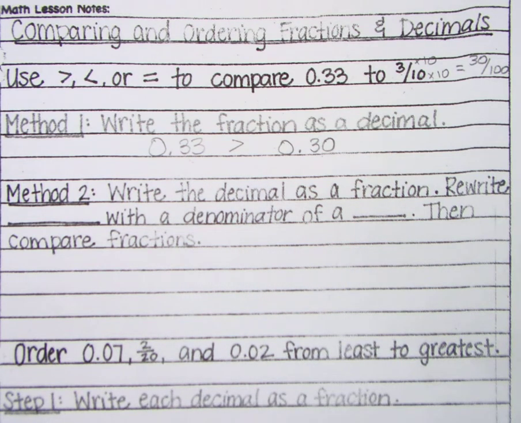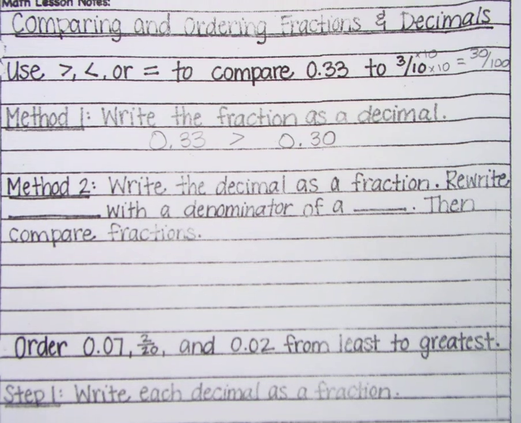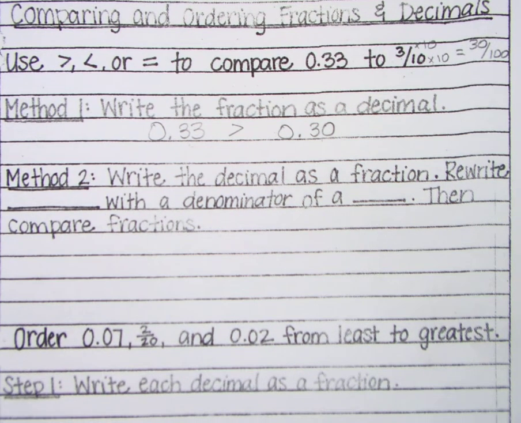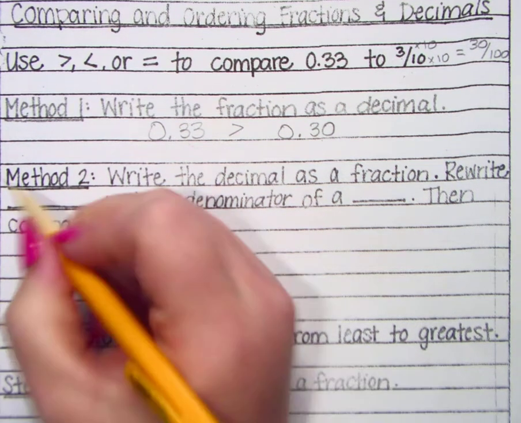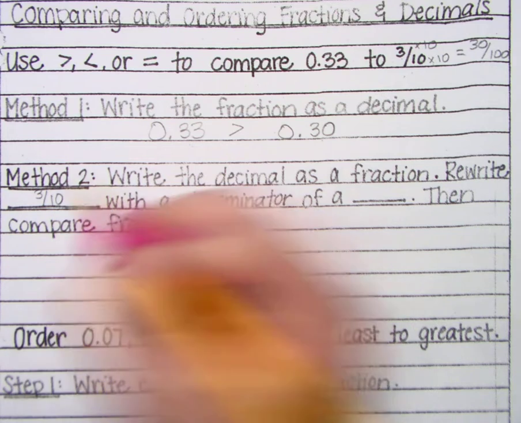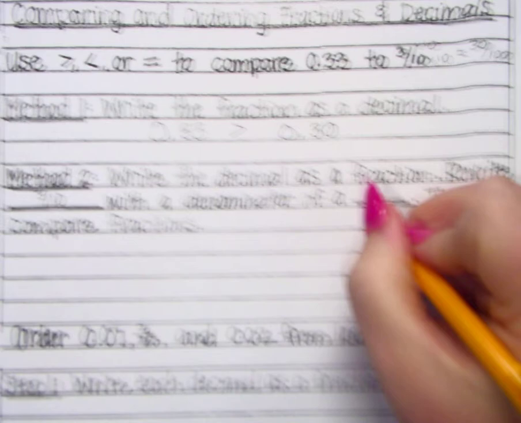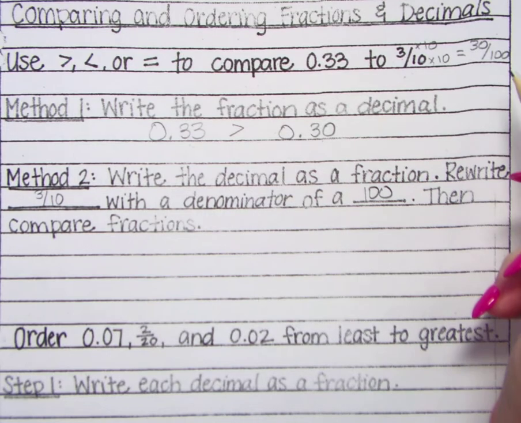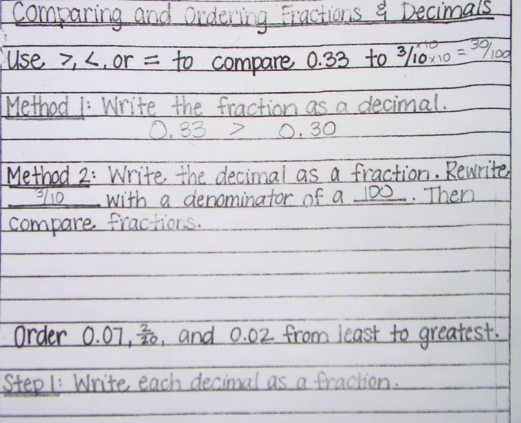Now our second method is to write the decimal as a fraction and rewrite 3/10 with a denominator of 100, which is what I did up here. Then compare your fractions.